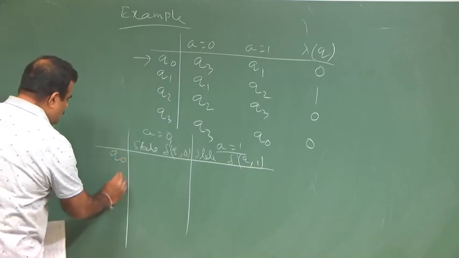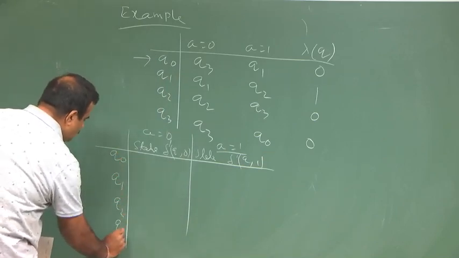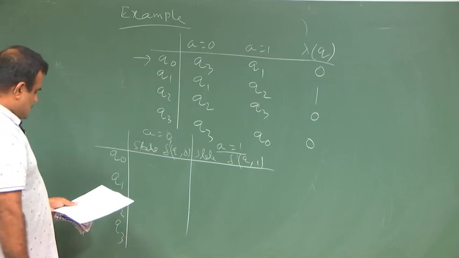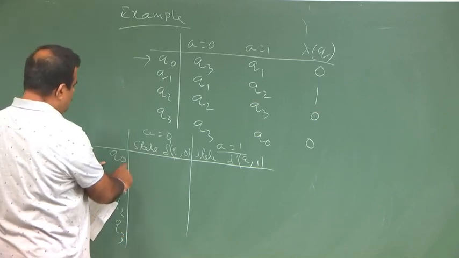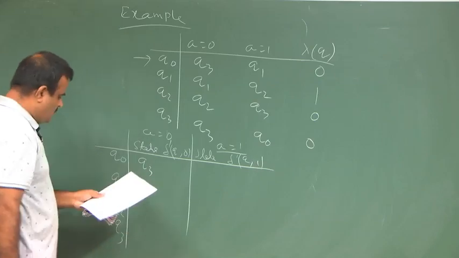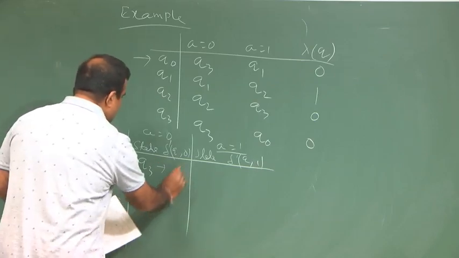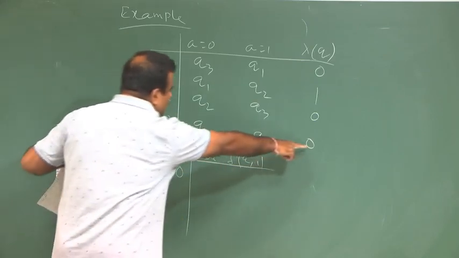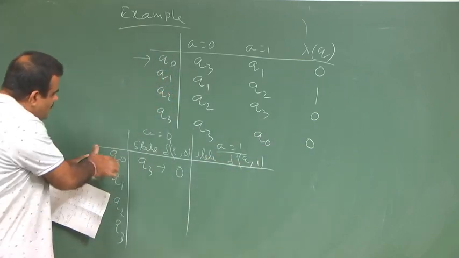So we have q0, q1, q2, q3, and this is going to q3, and for q3 we are going to 0, but it is combining these two.